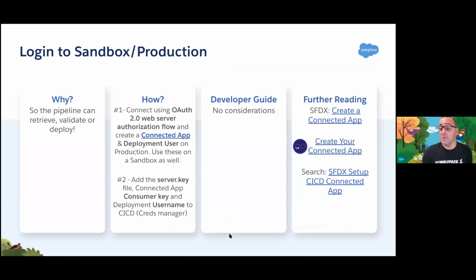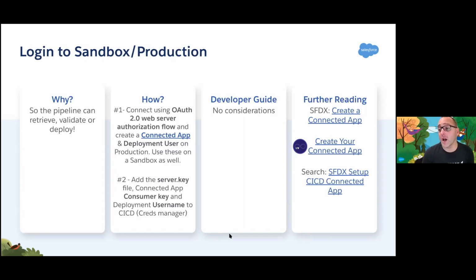I'm not going to dig deep into how to actually connect Sfdx CLI to your sandbox, but the key thing here is that you'll have a server key, a consumer key, and a username, and you're going to put those in the credentials manager of your CI/CD software. We're not going to store those in source control, because that's not really secure; it ends up on everyone's PCs and so on and so forth, okay?